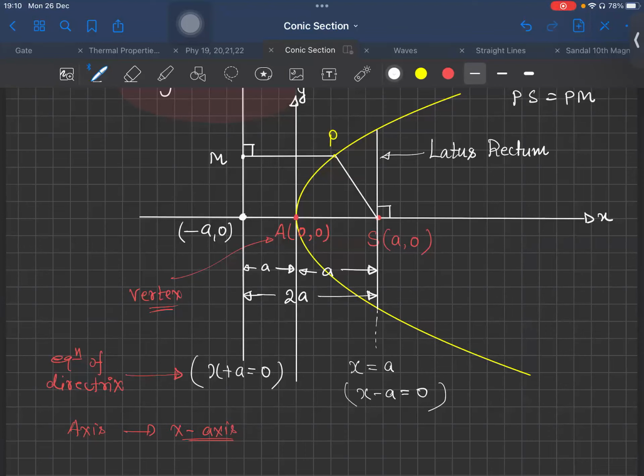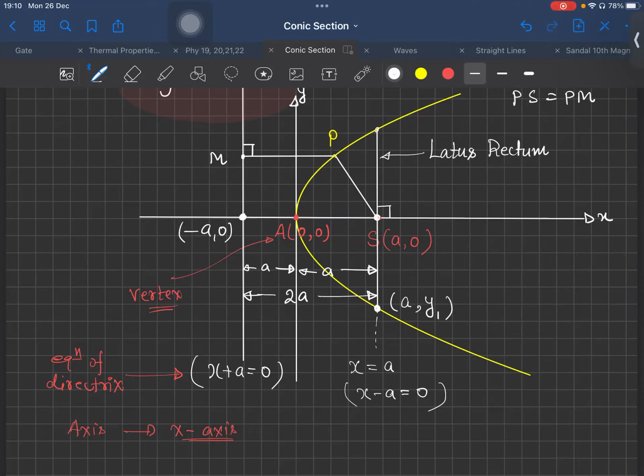What is the length of the latus rectum? See, this point is (a, 0). Now what will be this point? The y coordinate we don't know, but the x coordinate we already know. The x coordinate is a, right? And the y coordinate we don't know, let's say y1.